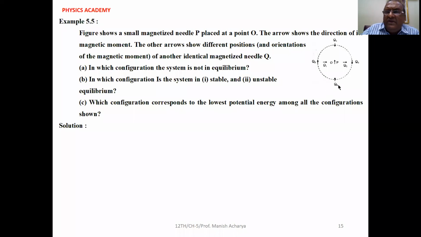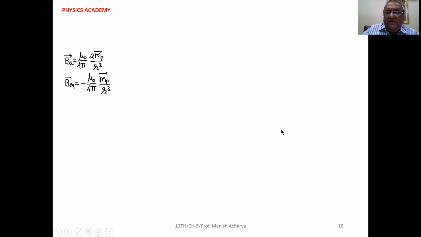Now, here we can say that the dipole Q, or the magnetized needle Q, is placed at different positions in the magnetic field of the magnetized needle P. Now, the magnetic field of magnetized needle P on the axis is mu 0 upon 4 pi 2 mp upon r cube.